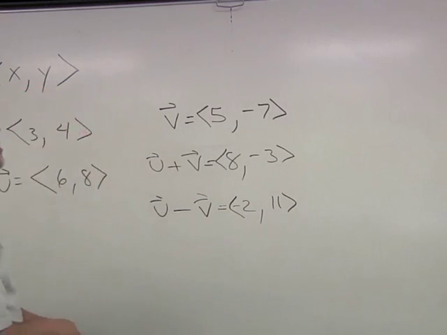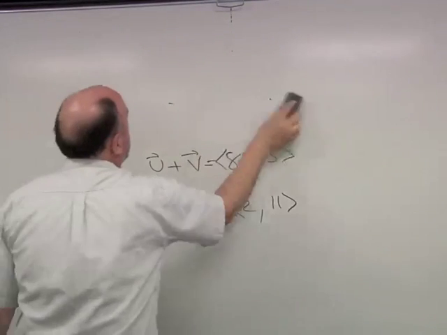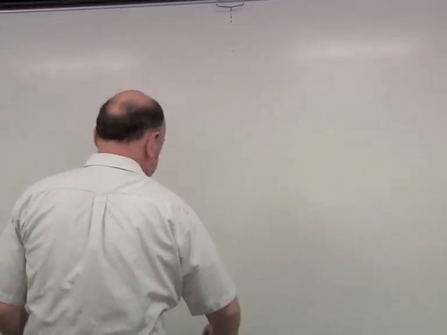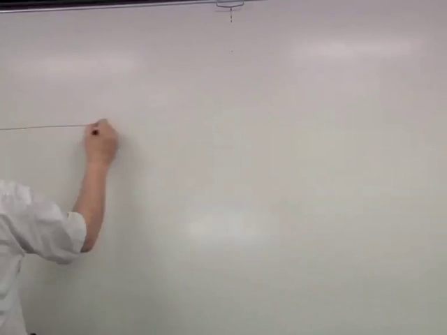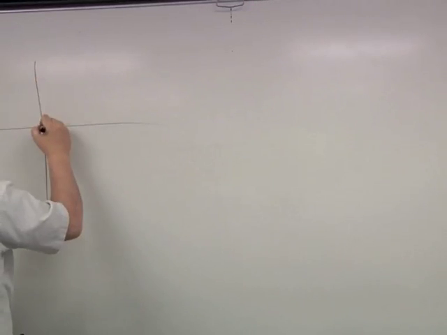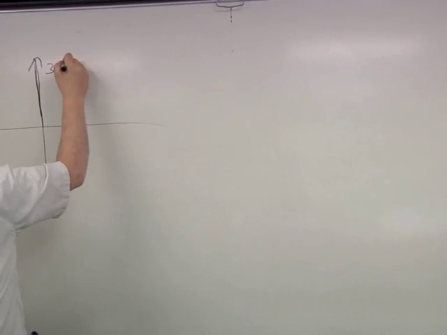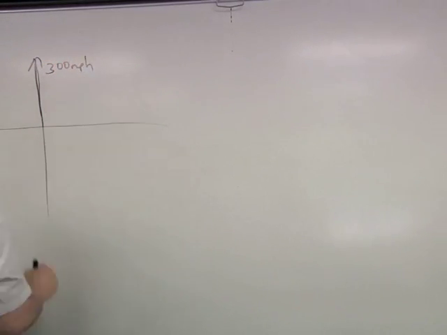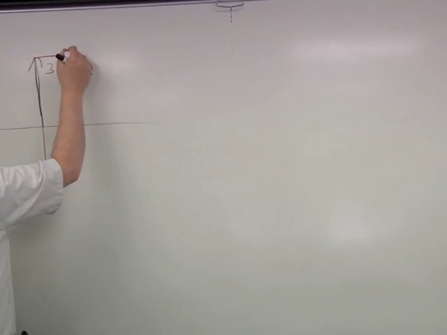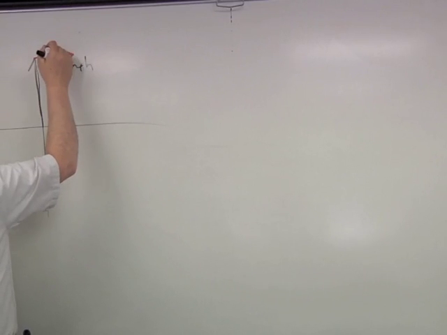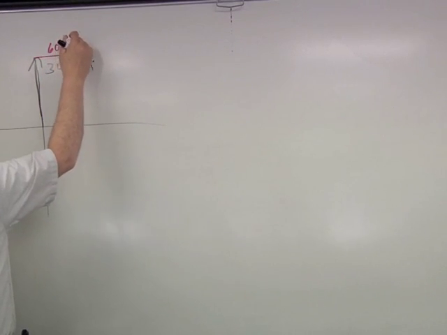Well, let's say now we have a plane that is traveling. So let's make a coordinate system. We got a plane that is traveling this way at 300 miles per hour. Also, there is a wind going like this at 60 miles per hour.